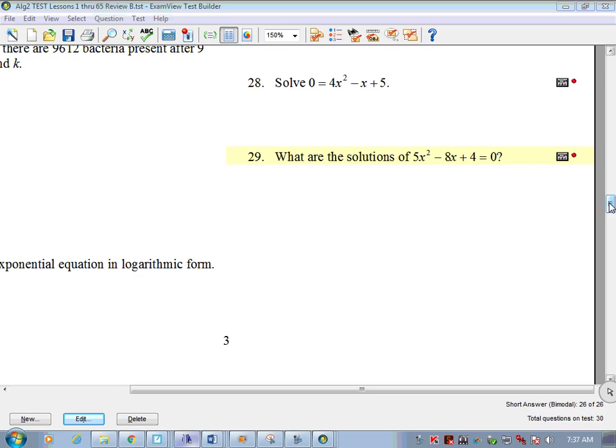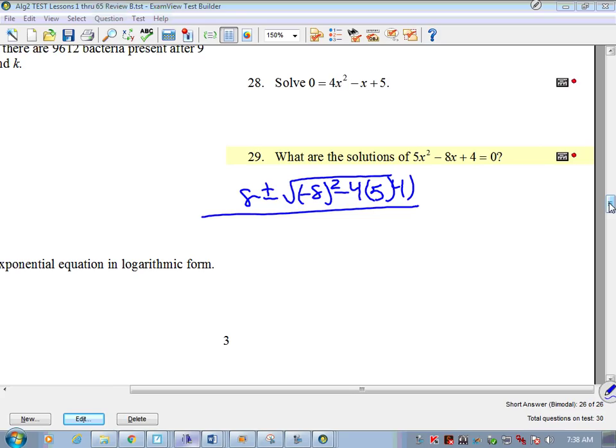Okay, number 29, what are the solutions to 5x squared minus 8x plus 4? We can do the same thing with this one. Okay, let's see, we would get 8 plus or minus the square root of -8 squared minus 4 times 5 times 4, all over 2 times 5.